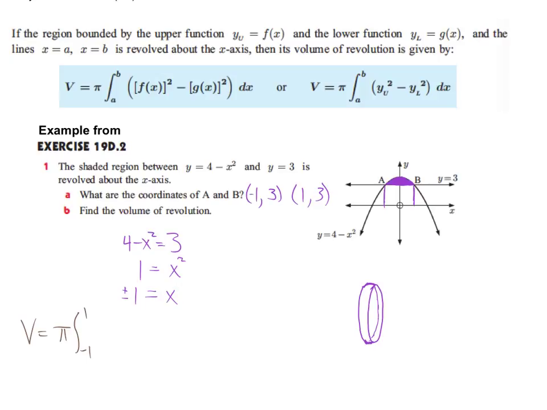So we have this integral from -1 to 1. What are we going to take the integral of? f of x squared minus g of x squared. f of x is the upper function, right? So which one is that?